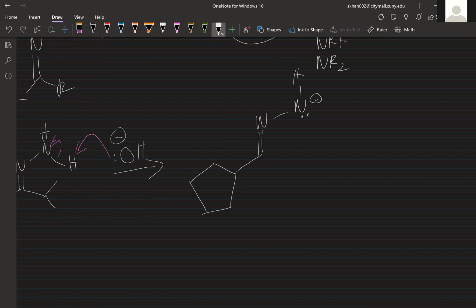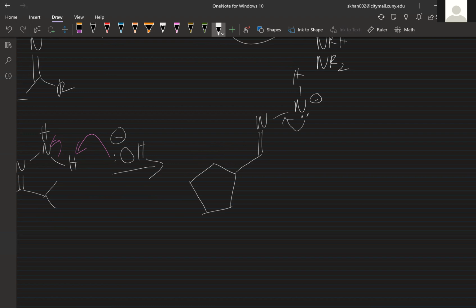Nitrogen will want to create another double bond with nitrogen here, which is kind of weird if you think about it, but you'd rather have a nitrogen-nitrogen double bond than a nitrogen-carbon one, because the latter is going to be more polar and this is non-polar, so it's more preferred. That's why this little resonance happens here.